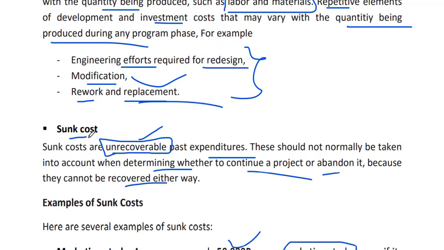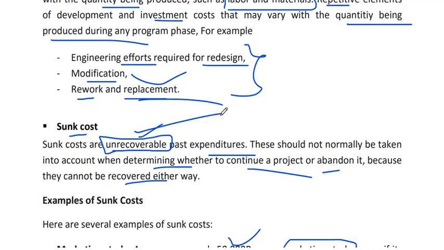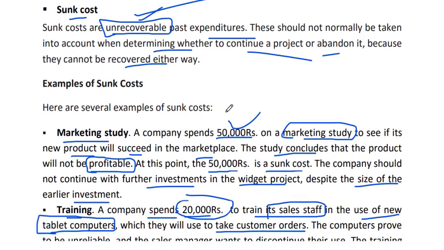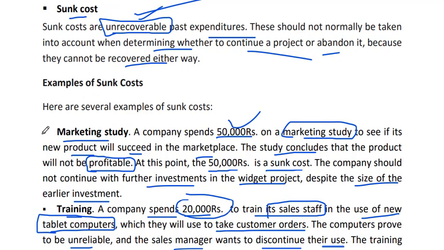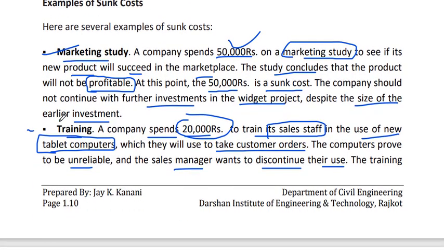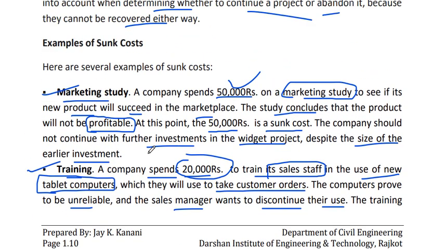Then sunk cost means unrecoverable expenditure. Examples of sunk cost are marketing study and training. If you give training and then decide that this system or software will not work, you will not recover this training cost, so it's called sunk cost.